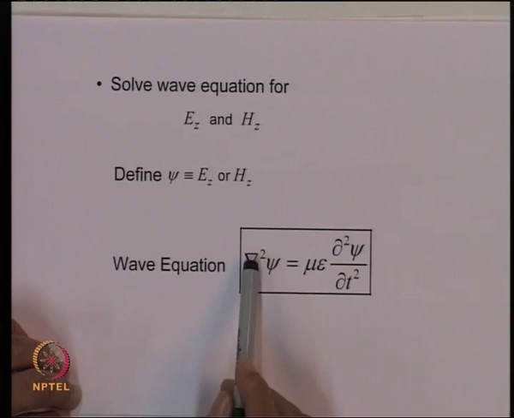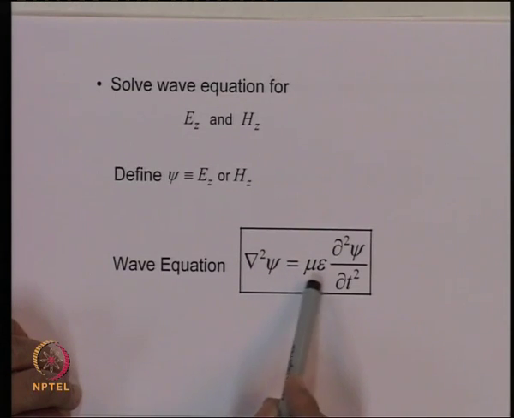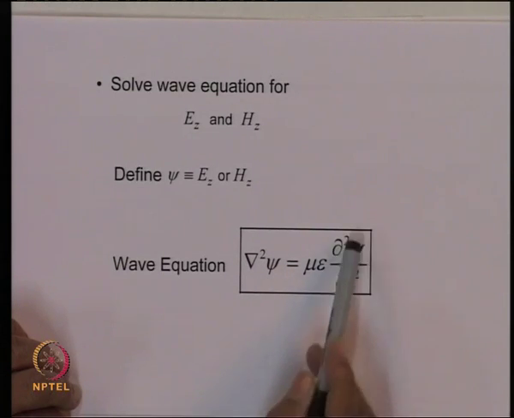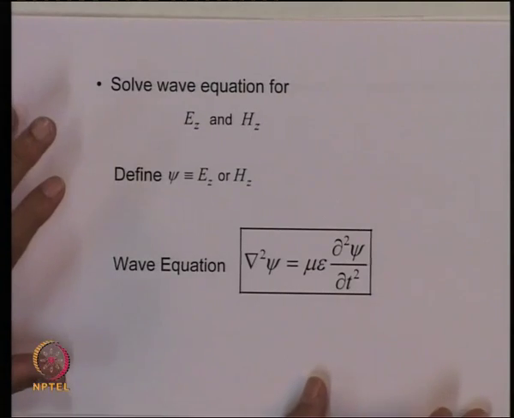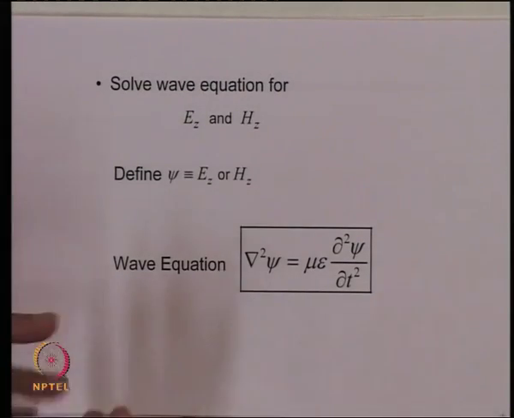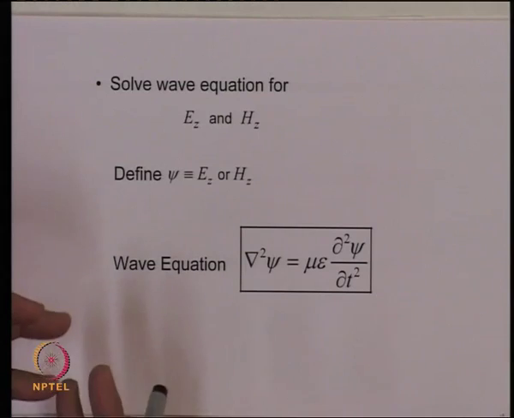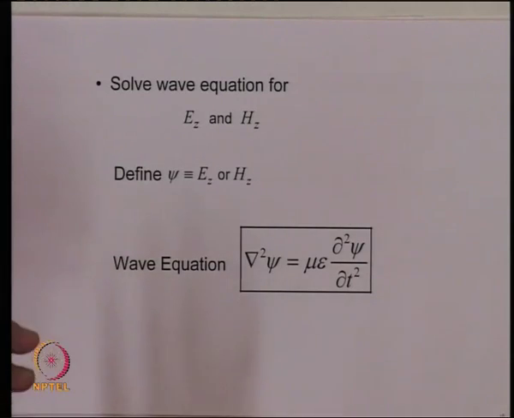The wave equation is del square psi equal to mu epsilon d2 psi upon dt square. And we have to solve this equation in the cylindrical coordinate system, because that is the appropriate coordinate system for the circular core optical fiber.